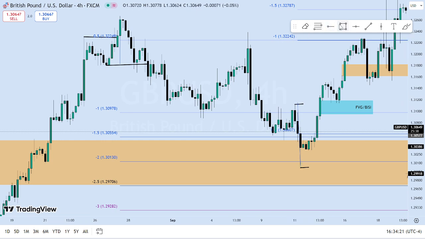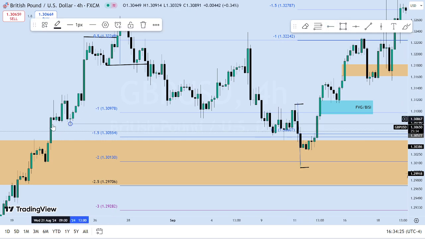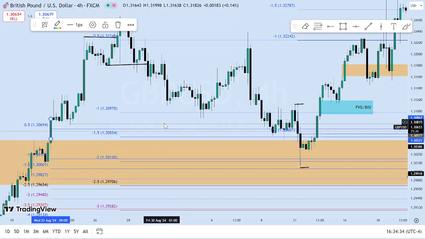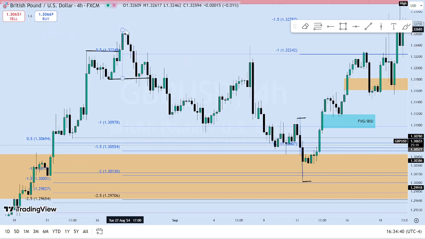You can target a liquidity resting below or here in this inefficiency, the half of it, that's consequent encroachment. You can get the half of it for your take profit. Then you can put your stop loss above here.